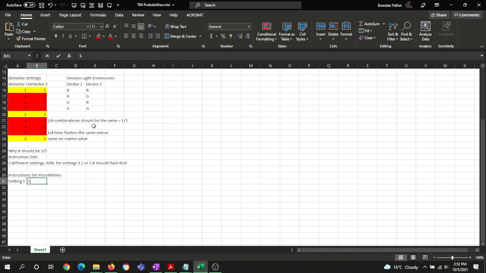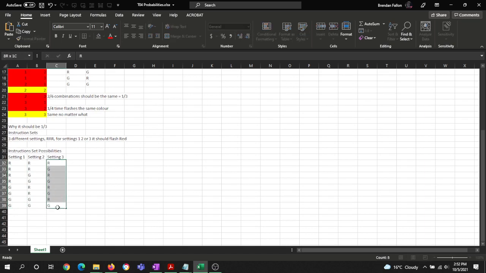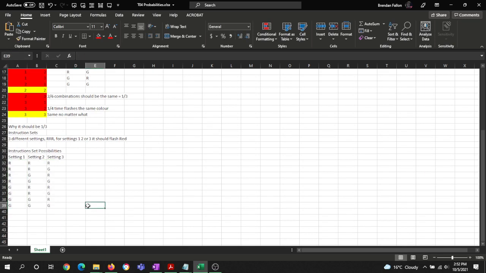Setting 1, setting 2, and setting 3. The first possibility is that for all the settings they'll be red. Then if not, they'll be green. And then all the different possibilities, just counting up essentially in binary, but instead of true and false, it's red and green. So then repeat this: green, red, red, green, red, green, green, green, red, and green, green, green. So that should give us all our different possibilities for the different instruction sets.